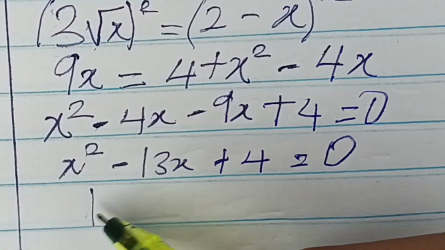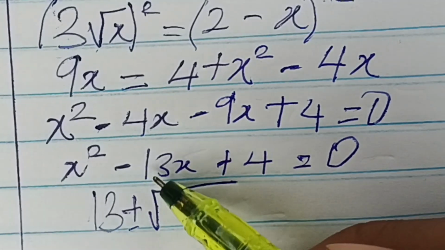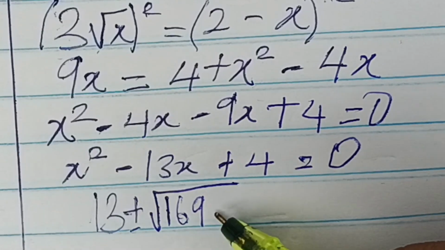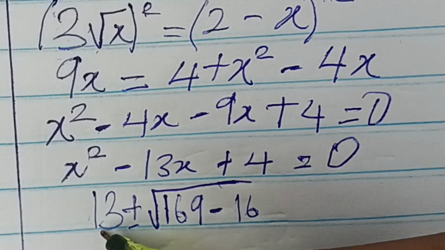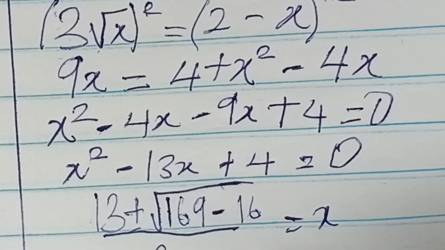So we have 13 plus or minus square root of 13 squared is 169 minus 16 all over 2, and this is equal to x.